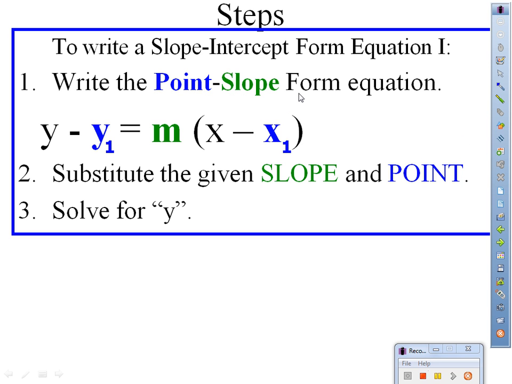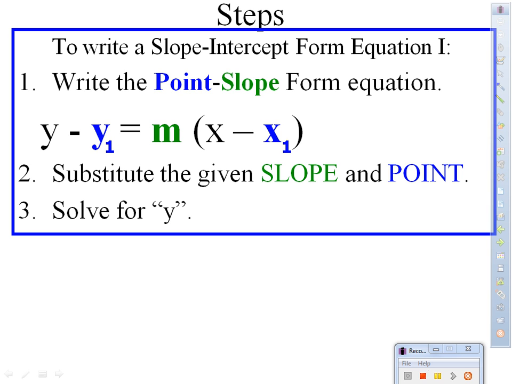Point slope form is y minus y1 equals m times x minus x1. Point slope form is y minus y1 equals m times x minus x1. Point slope is y minus y1 equals m times x minus x1.